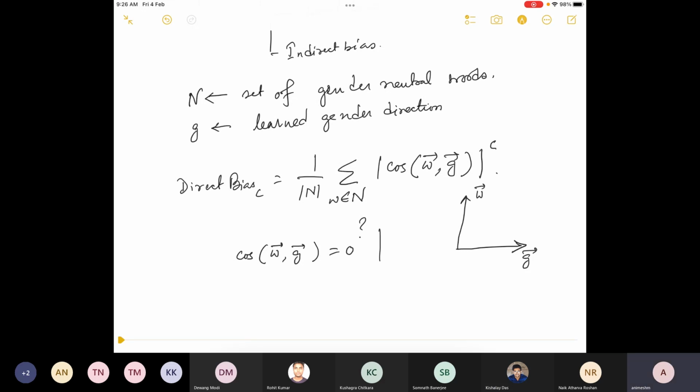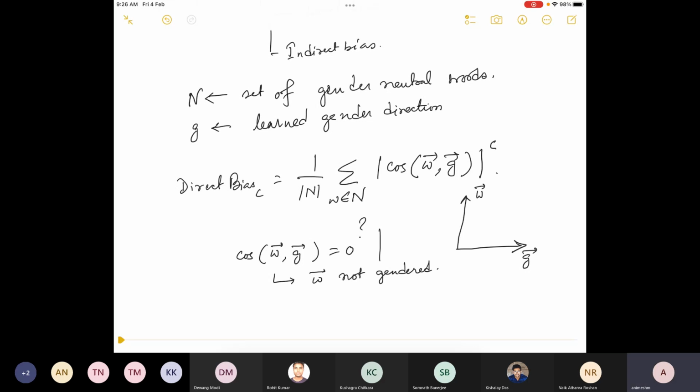That means there is no overlap between them. So this indicates that W is not gendered; W has no gender component in it.